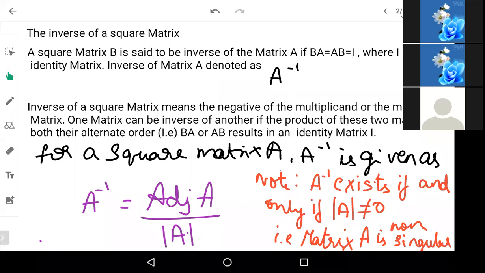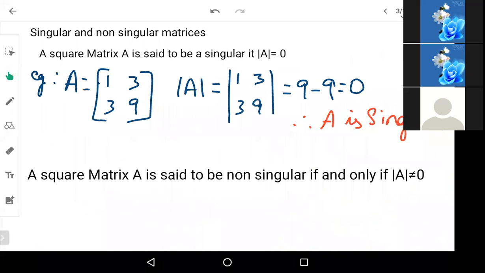Okay. Now let us go further. There are two types of matrices that will be given here. One is a singular matrix and the other one is a non-singular matrix. What is a singular matrix?